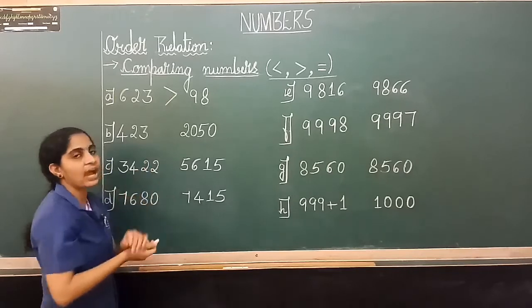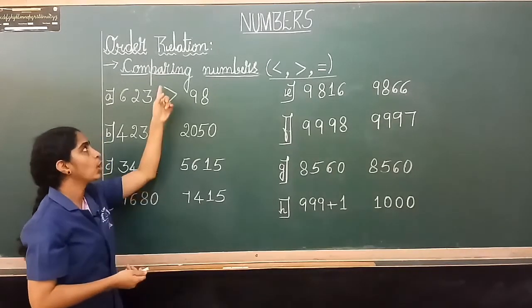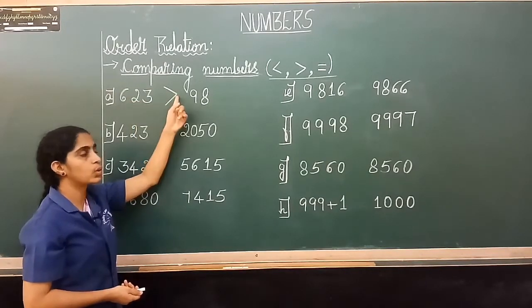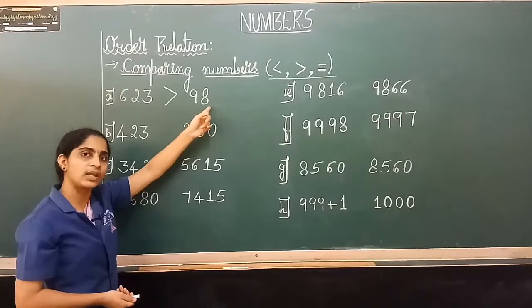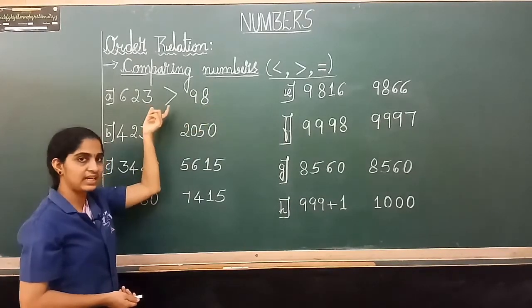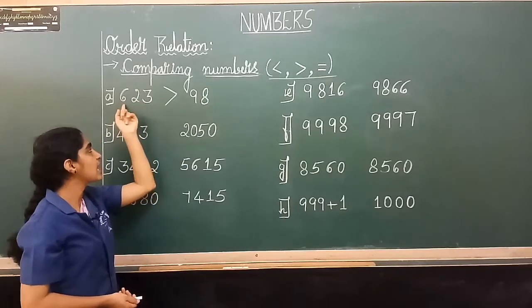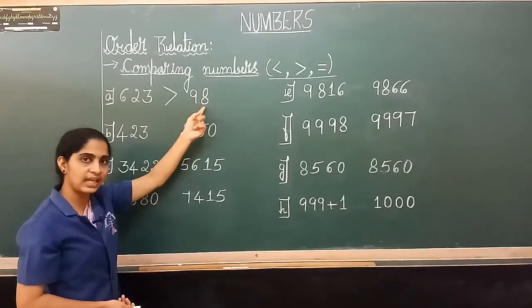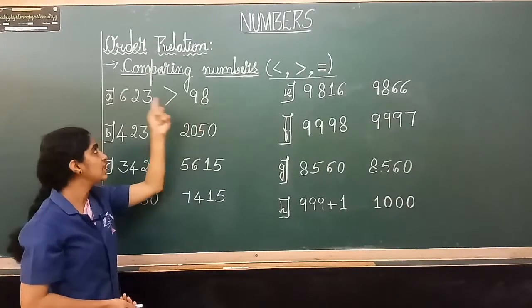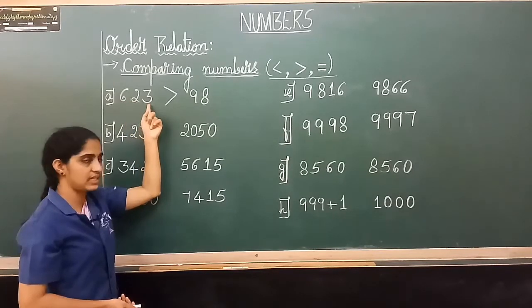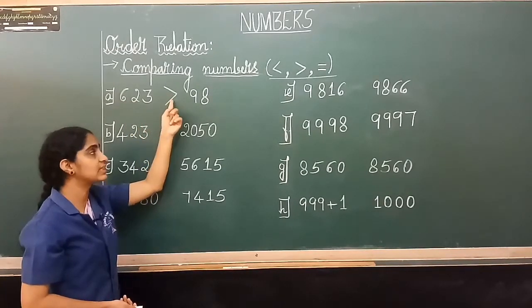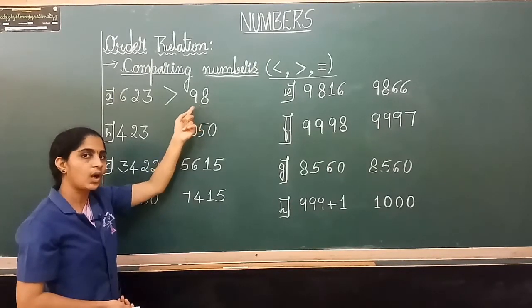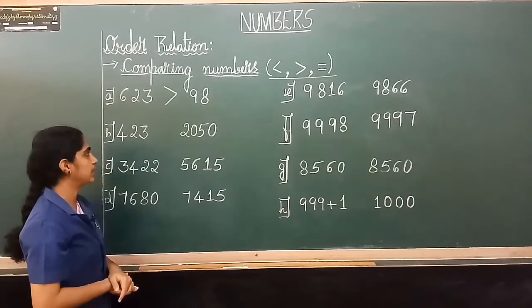That's why we have to put the symbol like this, where the open end is towards the greater number and the closed end towards the smaller number. So how do we read it? 623 is greater than 98. Is it clear? Okay. Let's move to the next example.